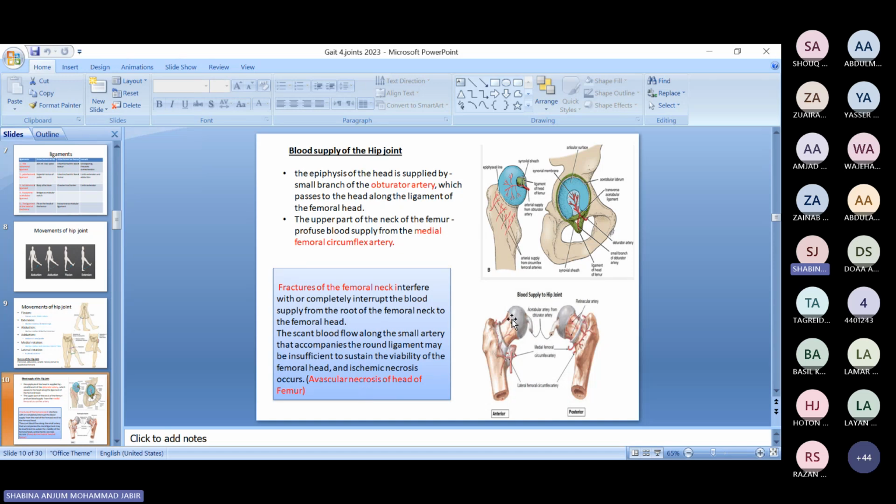Because this is more common in old age. In old age, if they have a fracture of the femur, because they already have osteoporosis, it will lead to avascular necrosis of the head. It has two reasons. First of all, the branch of the obturator artery which comes here is very small. And second, it may be absent.